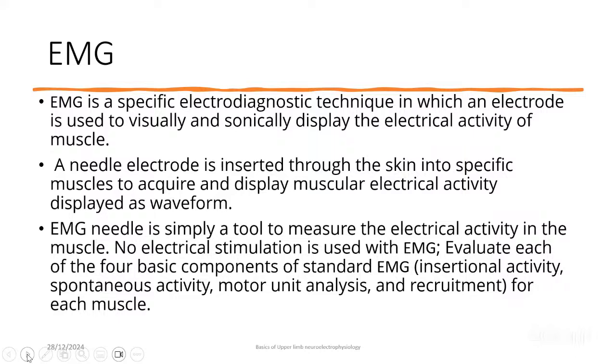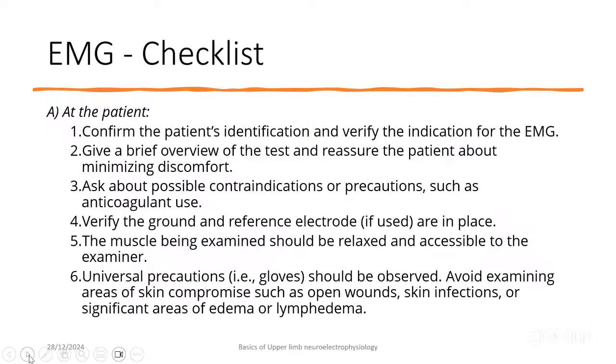It's a tool to measure the electrical activity in the muscle. No electrical stimulation is used with EMG. It evaluates each of the four basic components of standard EMG: insertional activity, spontaneous activity, motor unit analysis, and recruitment for each muscle which you're going to sample.